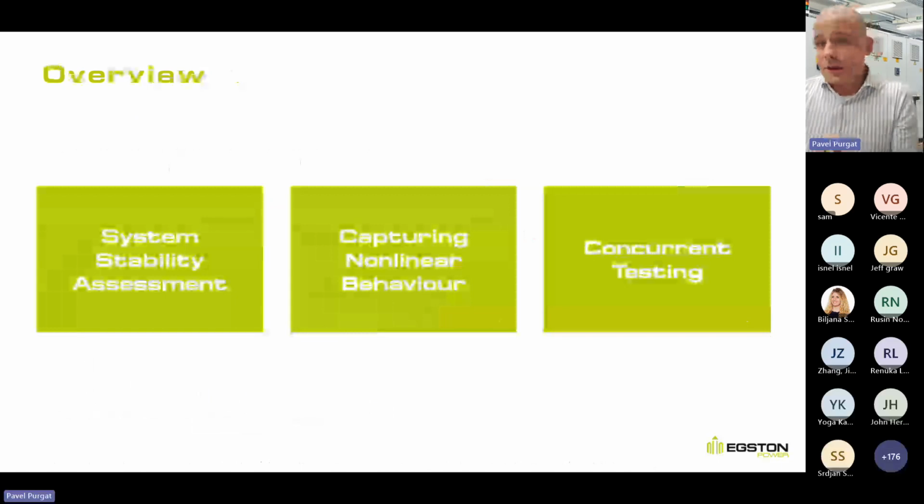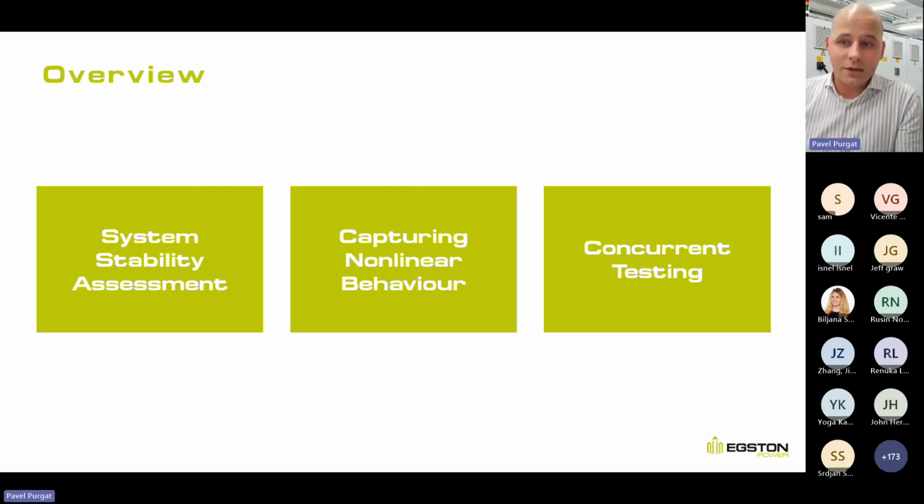And with this, I would like to thank you. I wanted to show you how power hardware in the loop, first of all, can be used to study system stability, especially of modern power systems such as data centers, how it can capture nonlinear behavior of a power system or a power converter, and also how you can use it with benefit for concurrent testing.